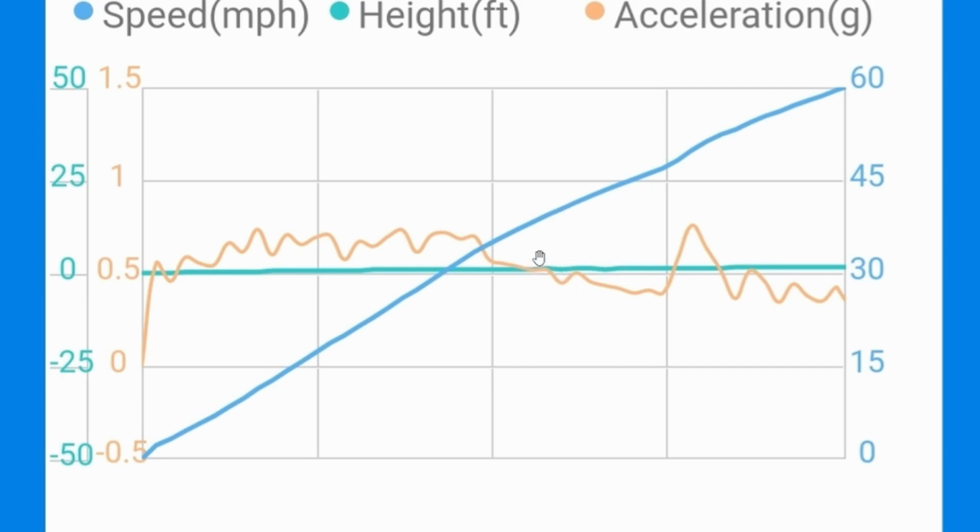But that locks in a lot more aggressively because there's less time for it to fully lock in, where this is a lot more linear. So, like I said, I think that has to do with trans temp. So now that we know this happens around 36 miles per hour, let's go into the data log and see what the car is doing exactly.